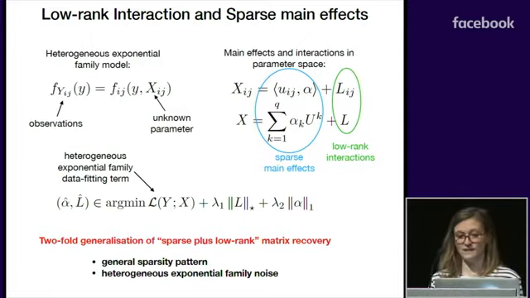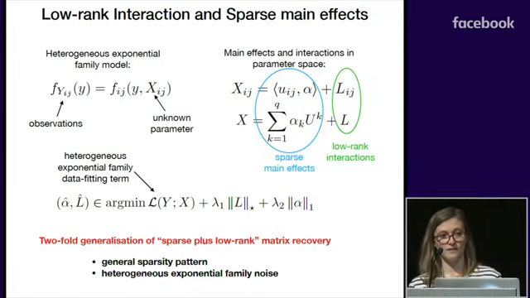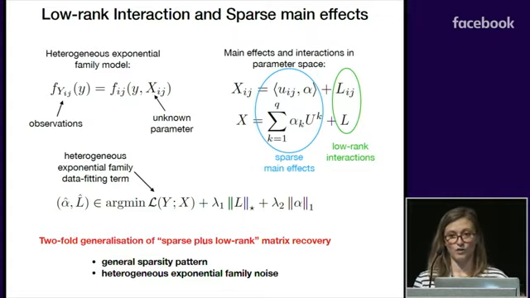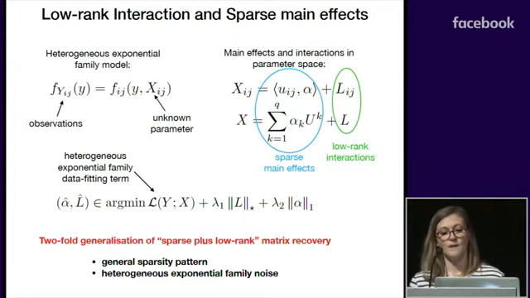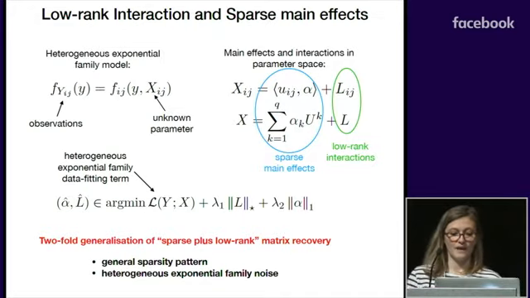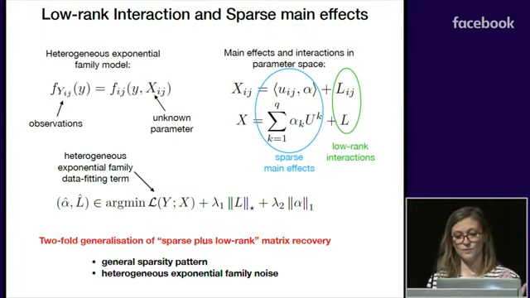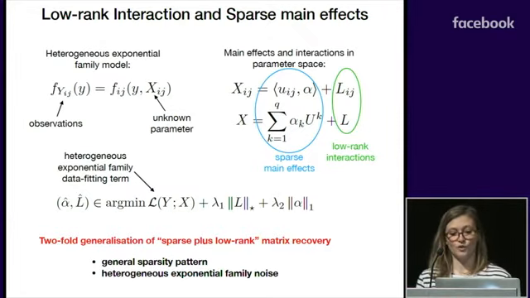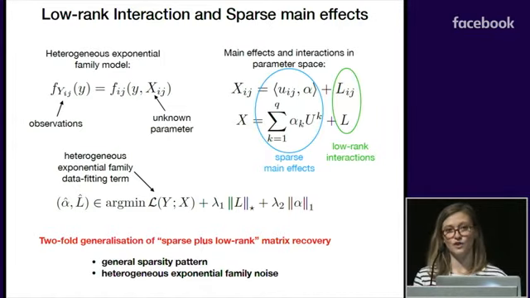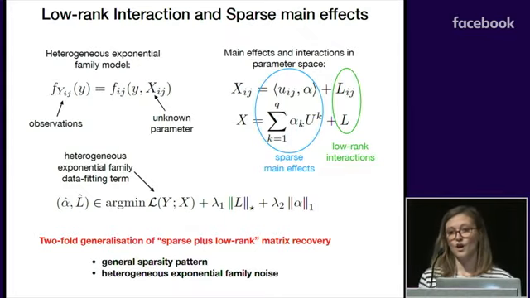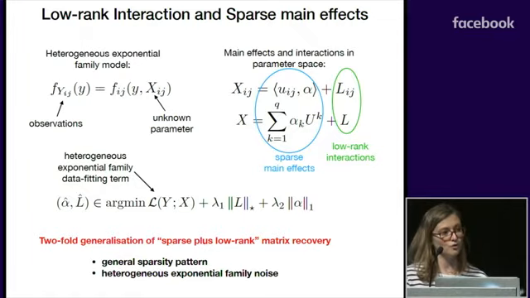The main effects and interactions are modeled in the parameter space, so that for every entry, the unknown parameter x is the sum of a regression on the covariates u plus a residual L. If we look at the matrix scale, we are decomposing a matrix of parameters, big X, into the sum of a regression on a dictionary of matrices that we are going to assume sparse, meaning that not all covariates have an effect on the counts, plus a matrix of interactions that we assume to be low rank, meaning that a few row and column factors summarize the interactions.